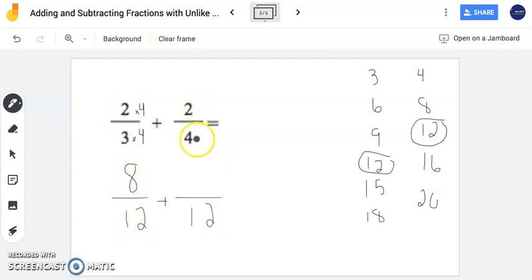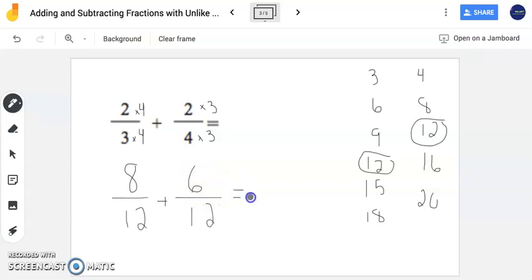Now I have 2/4. 4 times what number gets me to 12? 4 times 3. So if I multiply my denominator by 3, I do the same thing to my numerator. So 4 times 3 is 12, 2 times 3 is 6. And that proves here that 2/4 is equivalent to 6/12.